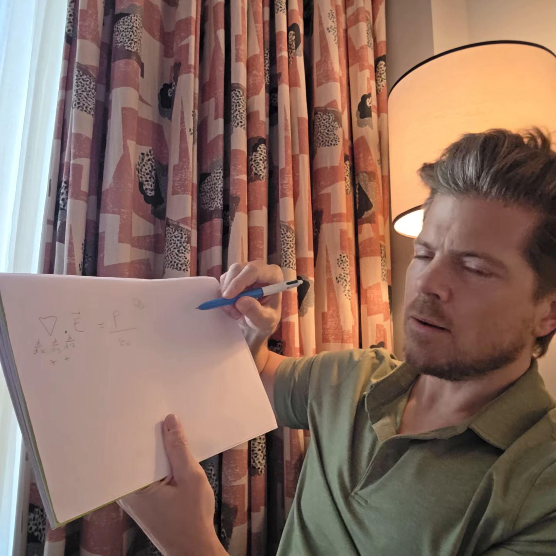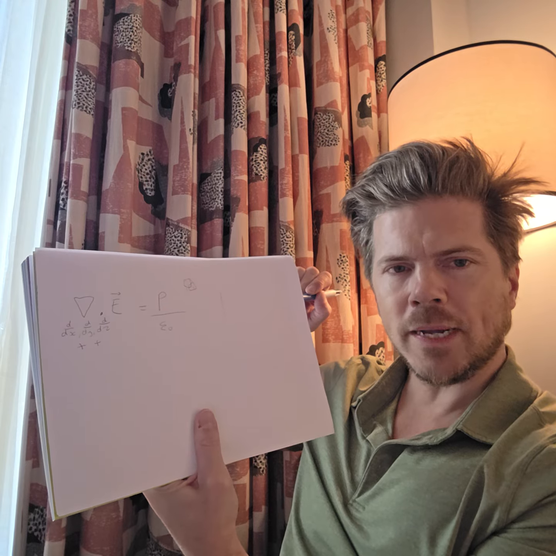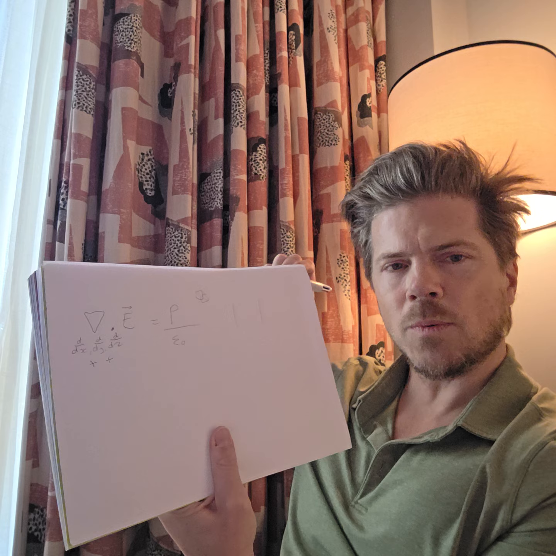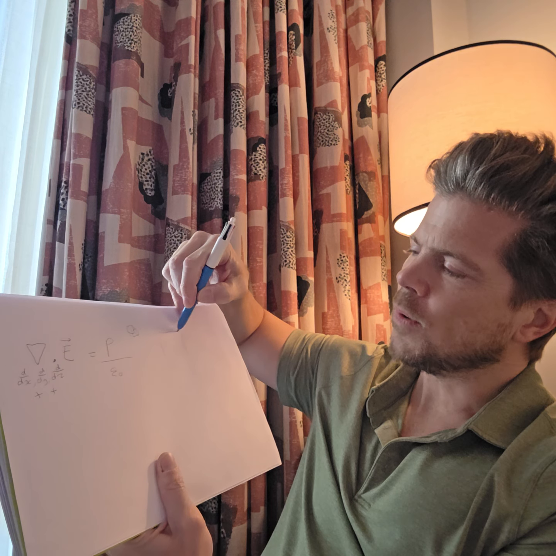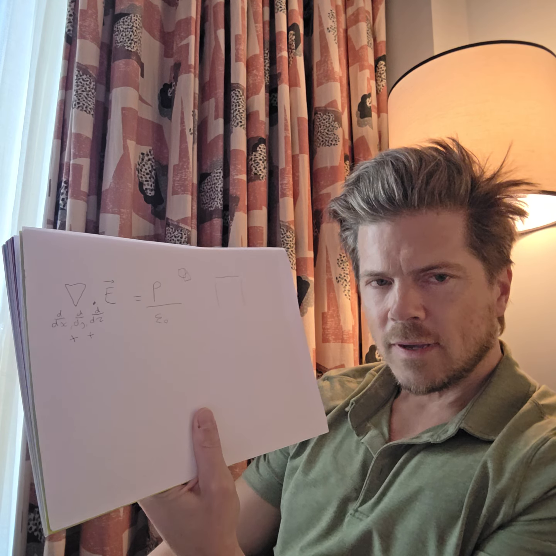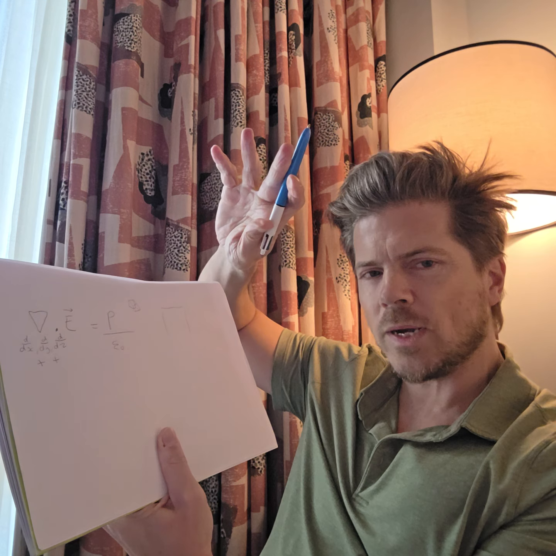Imagine here we have a capacitor plate that is 1 meter. Imagine they are 1 meter apart. That's all you've got to do, right? We can say there are 2 ways of doing this.